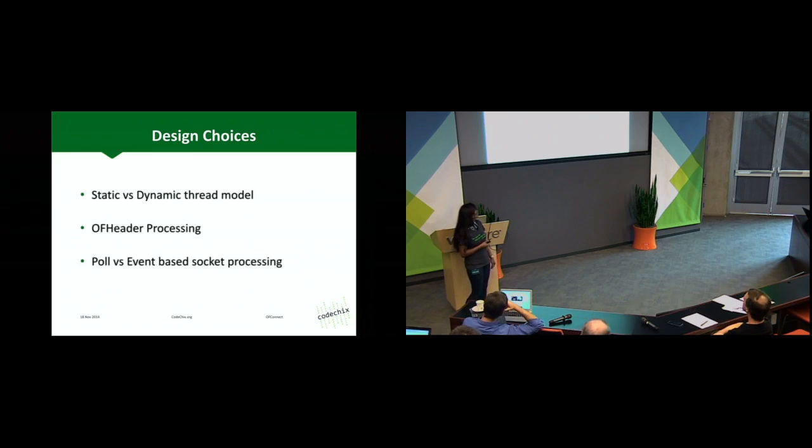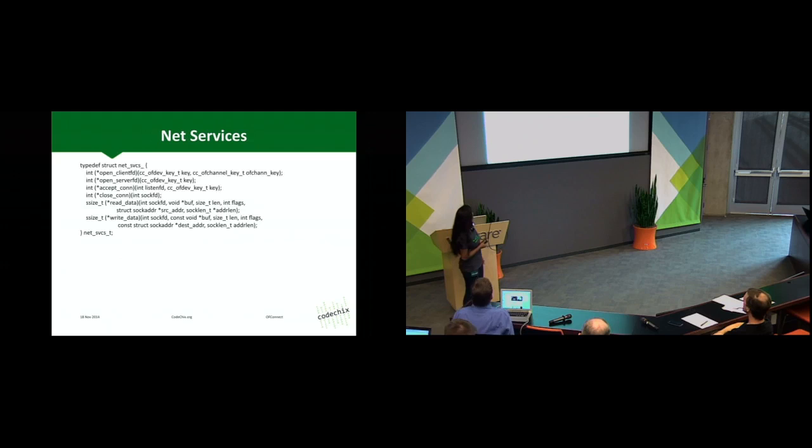And the other question was whether to do a poll-based socket processing, which is using select or poll, or an event-based socket processing. Currently, we implemented it using poll-based socket processing, but we also plan to try out an event-based socket processing and see if it gives us a better performance, then we'll stick to it.